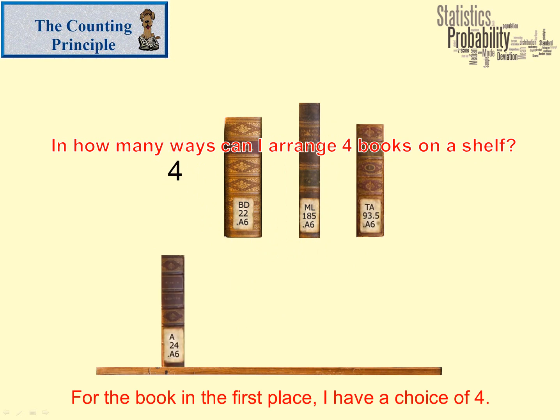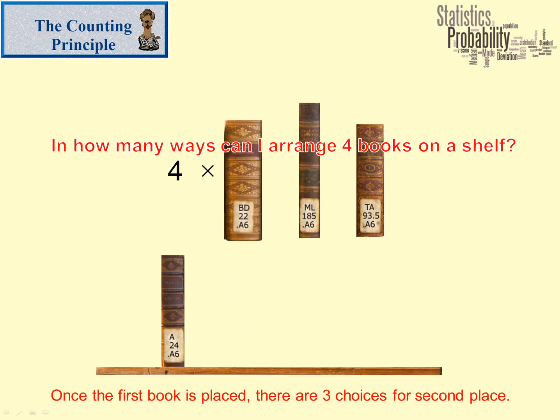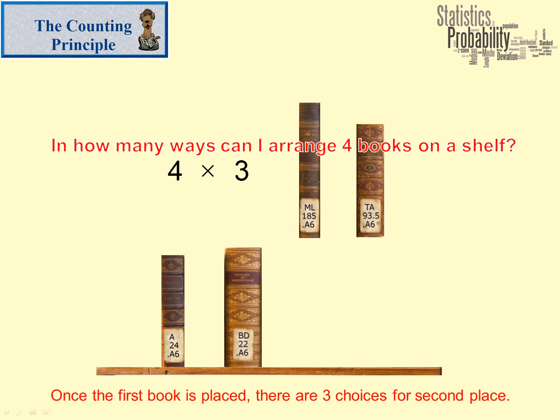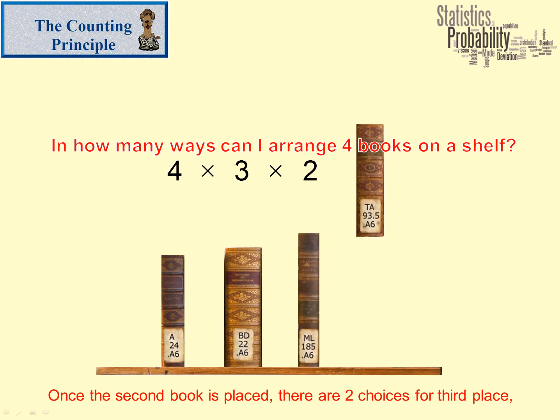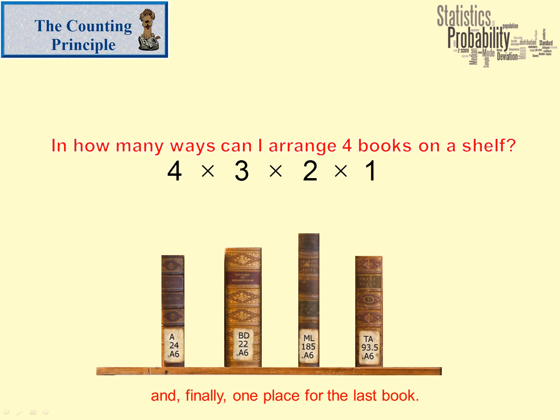Now I've used 1 book, so when I get to the next place, I only have 3 choices. Then 2, and finally no choice, the 1. So it's 4 times 3 times 2 times 1 is our counting principle result, giving us 24.